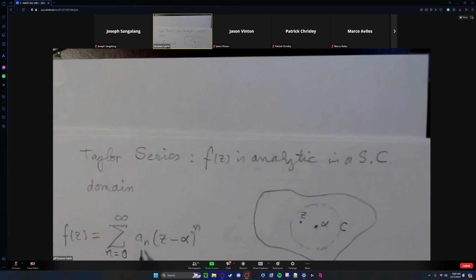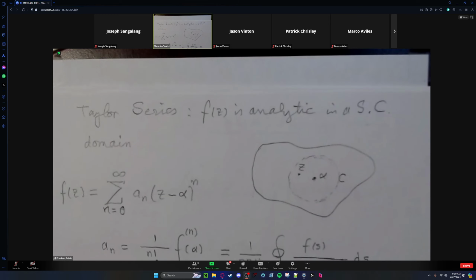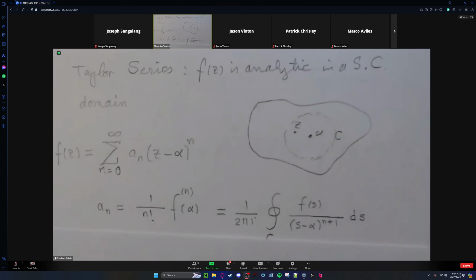What is a_n? Remember, we said in the uniqueness, a_n is the nth derivative evaluated at alpha, over n factorial.